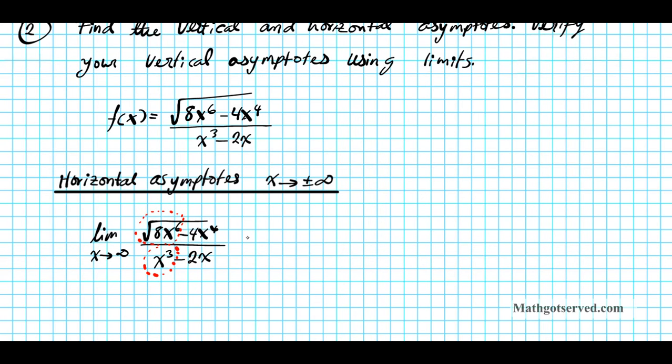Okay, so the limit as x approaches infinity is going to be the square root of 8x to the 6th divided by x to the 3rd. Then when I take the square root of the numerator, I'm going to have the limit as x approaches infinity of the square root of 8 times the absolute value of x to the 3rd over x to the 3rd. Anytime you take an even root, you add the absolute value component.